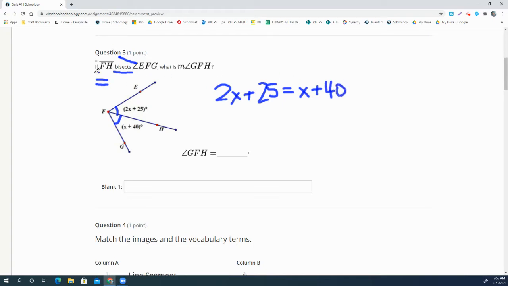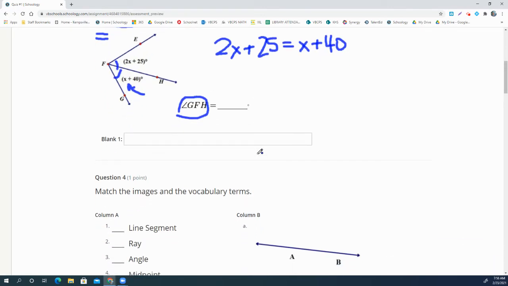Anytime you have bisect, you're going to set those two pieces equal to each other and then solve. The trick here is to read the question that's being asked. Once you solve this equation, you've got to substitute that back in for GFH. GFH is this one. So whatever value you get for x, you need to add 40 to it. Questions?